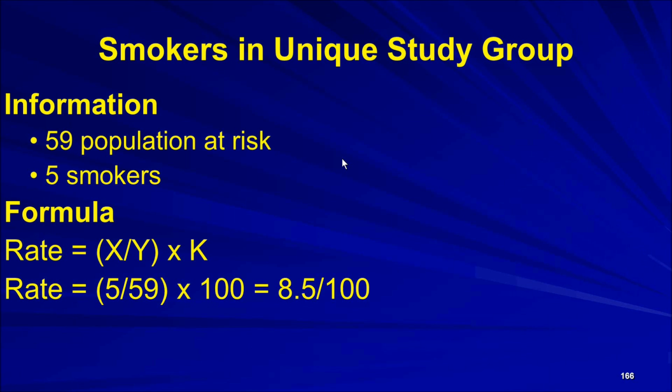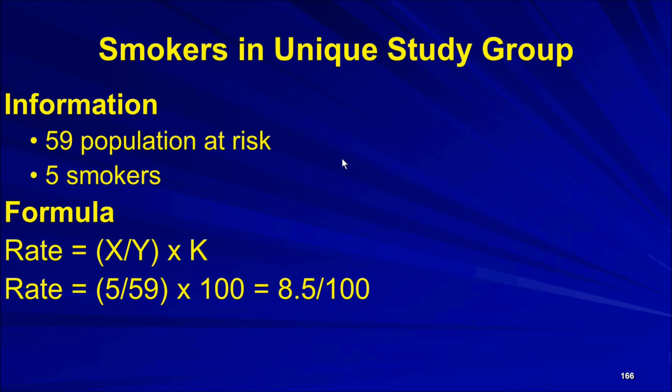And I know I talked about fraction, you don't want to fractionate, but this is probably the simplest way to communicate the information. Otherwise, if we went to 1,000, it would be 85 per 1,000, and that just seems too big, too cumbersome for the size of the group.